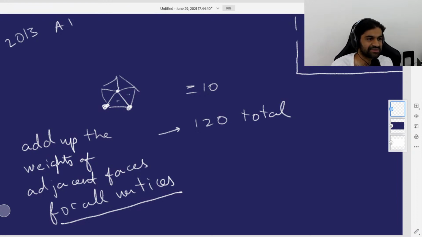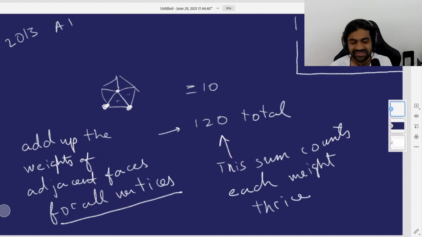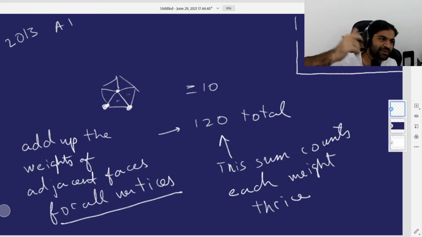This sum counts each weight thrice. How do I know this? Because every face has exactly 3 vertices. So this sum is going to count each weight thrice.